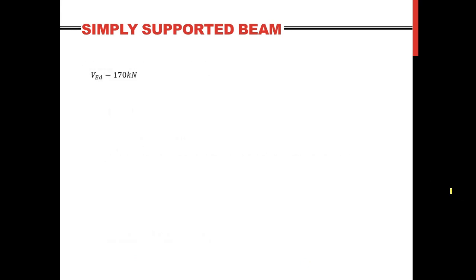Now let's define the theta. Remember when we said previously that the theta varies between 22 to 45 degrees. Yet how would I know whether my theta is 22 degrees or more? This is done by checking the concrete strut capacity, the VRD max. And in order to do so, the angle must be first assumed.